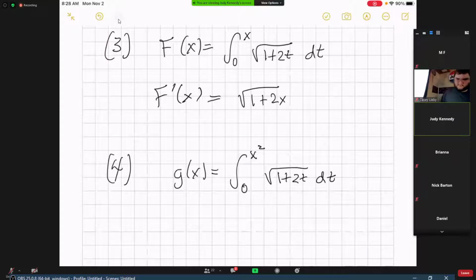Well, now you need the chain rule. What is this really? We had capital F of x defined above.